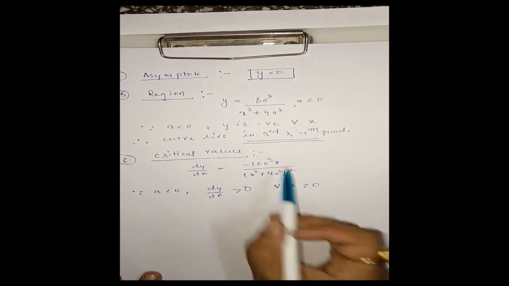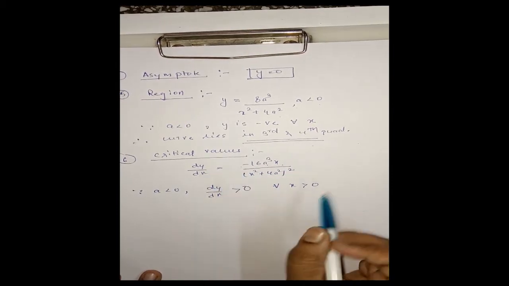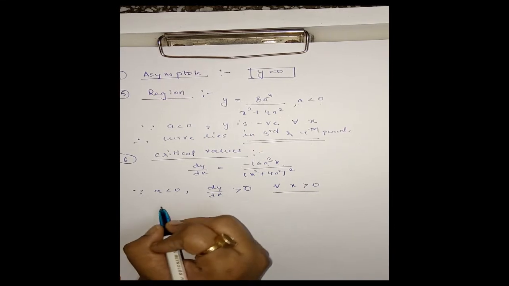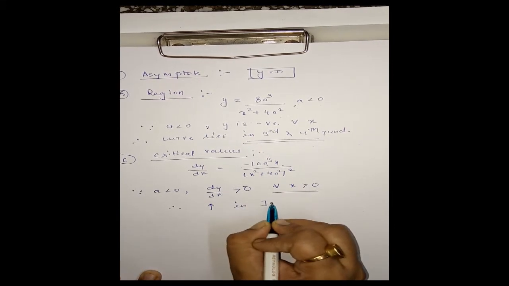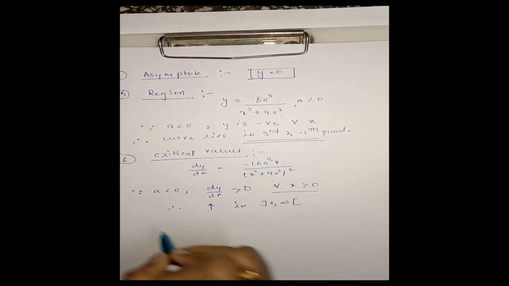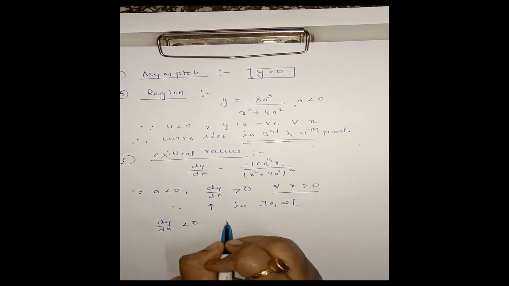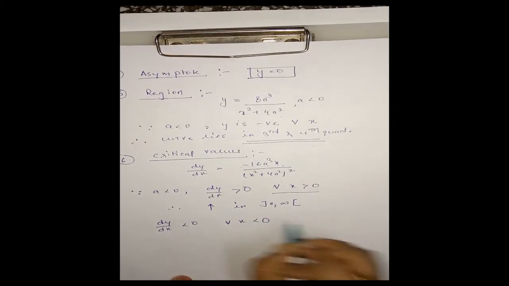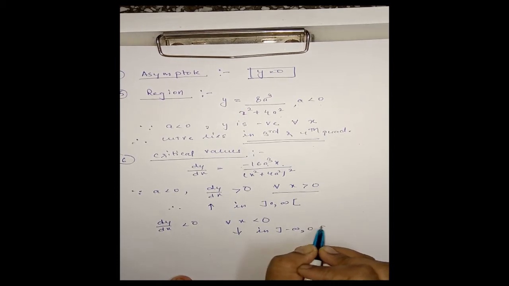Since a is negative, when x is greater than 0, negative, negative, positive. Therefore, it is increasing in the interval 0 to infinity, and dy by dx is less than 0 for all x less than 0. That is decreasing in minus infinity to 0.